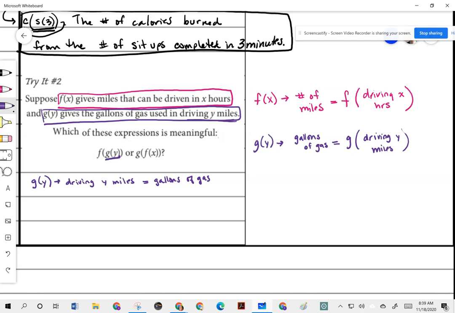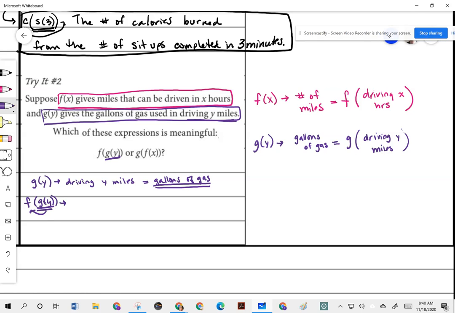And then we are supposed to take this output, which is gallons of gas, and plug it into f. So we are supposed to take the gallons of gas and plug it into the f function.